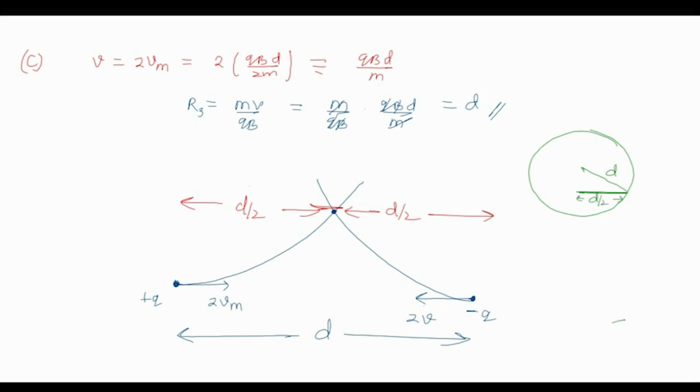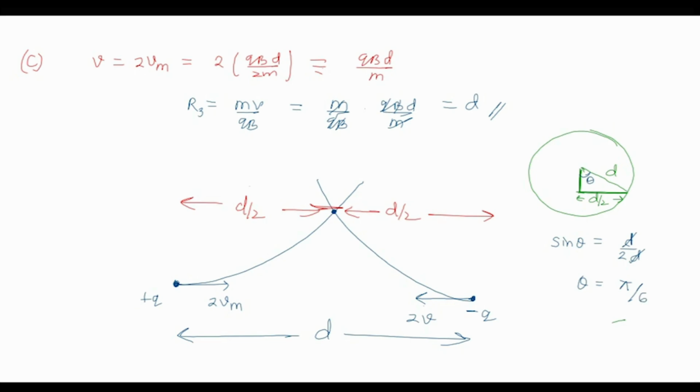So if we calculate the angle which it has moved, this is the angle which we are looking for. We can calculate using sine, that is sine theta is equal to d by 2d. So the value is equal to half, that is it has moved an angle of 30 degrees, or pi by 6.